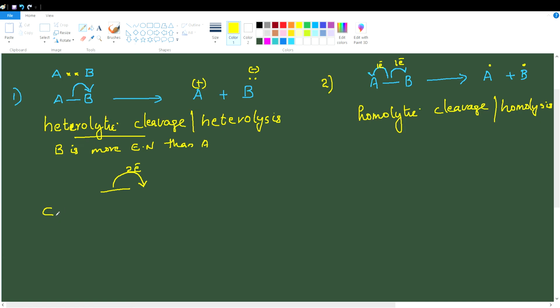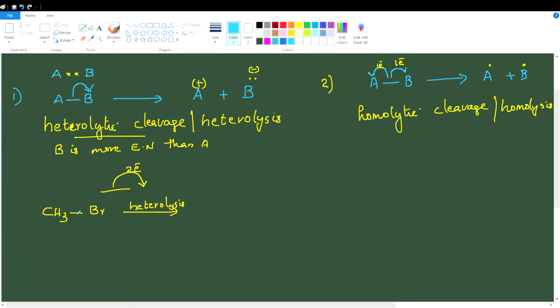CH3Br: CH3 single bonded to Br, a carbon-bromine covalent bond. When it undergoes heterolytic cleavage, when we compare the electronegativity of carbon and bromine, bromine, the halogen atom, is more electronegative.